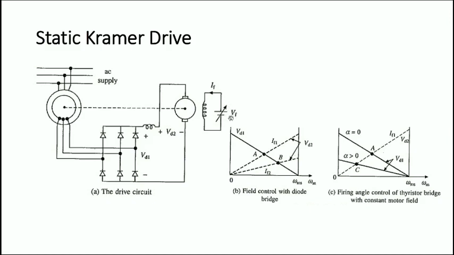Since it's a DC source, we only have to consider the resistance of the field circuit, not the inductance. So the current will be IF = VF divided by RF. When you change VF, IF will change. If IF changes, the flux phi changes, because the flux is proportional to IF.